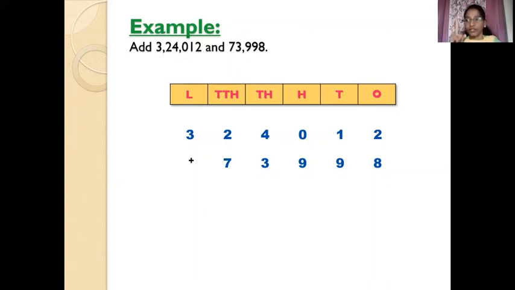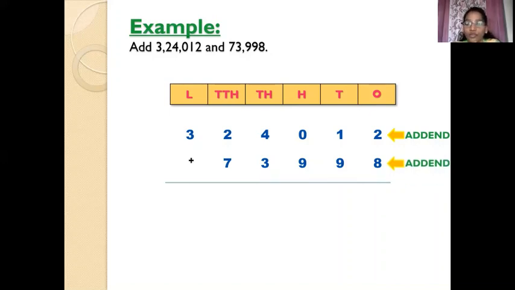Now, according to the first step, you have arranged the addends in columns. What are these called? The first large number is called an addend, as well as the second large number is an addend again.